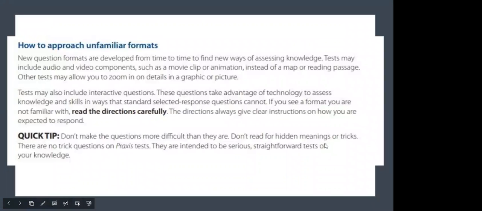How to approach unfamiliar formats. This is all taken from the Praxis website. ETS is the publisher of the Praxis test.